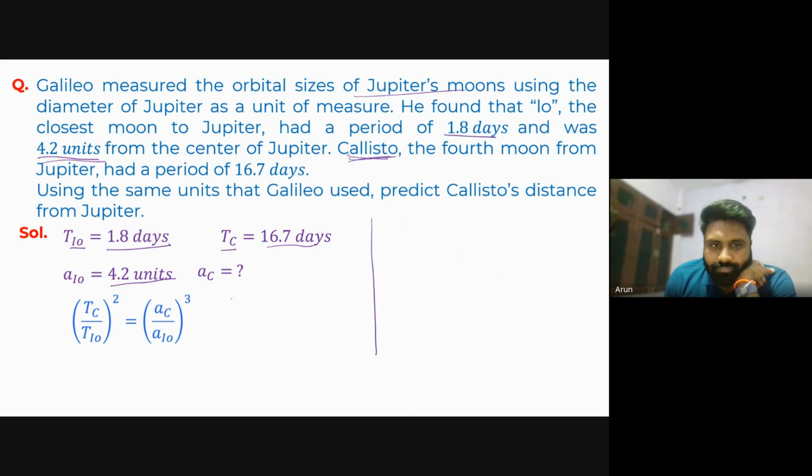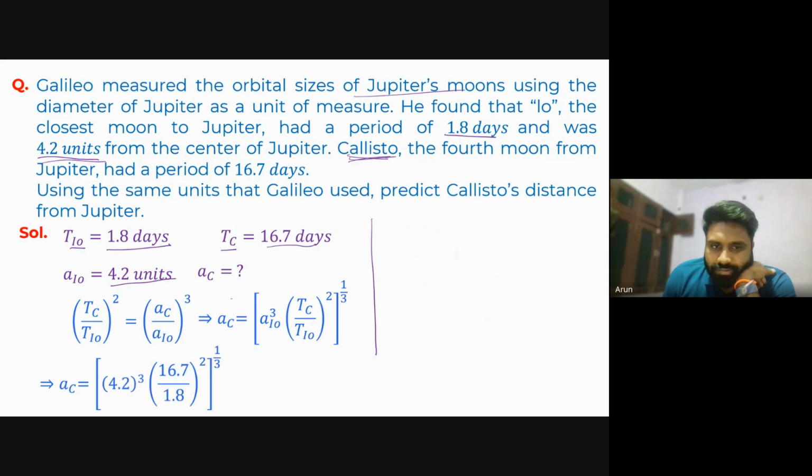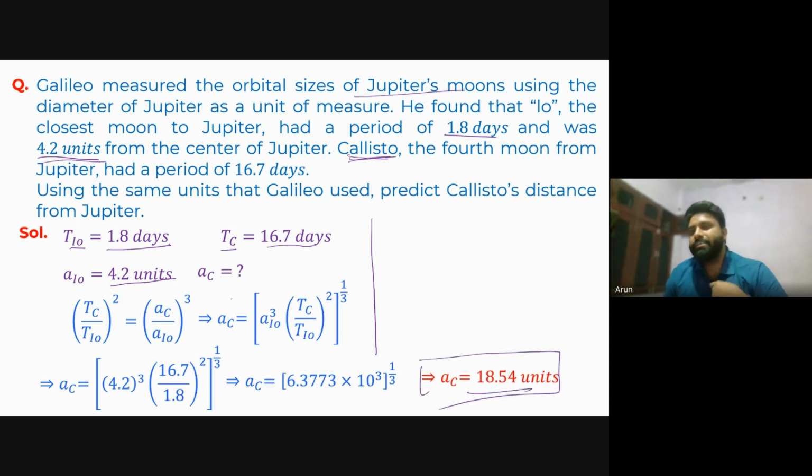Put the data in this expression and you will have the answer as 18.54 units, which means as the distance from the heavier mass object has increased, the time period of revolution has also increased. So this is the final answer to this question.